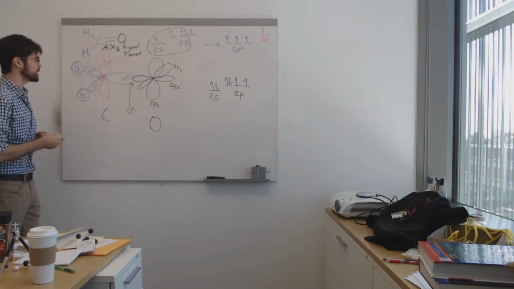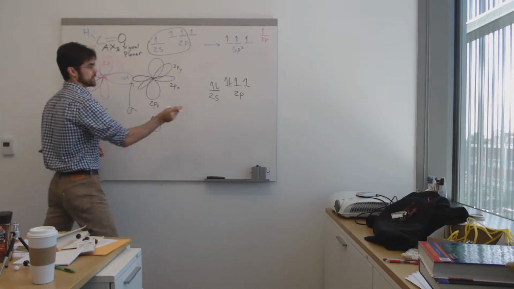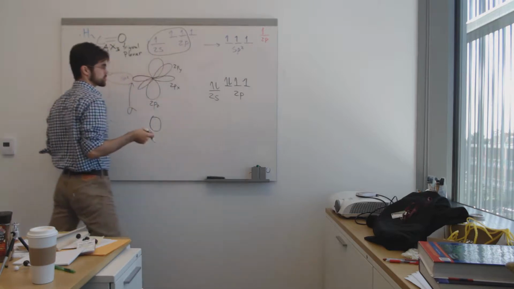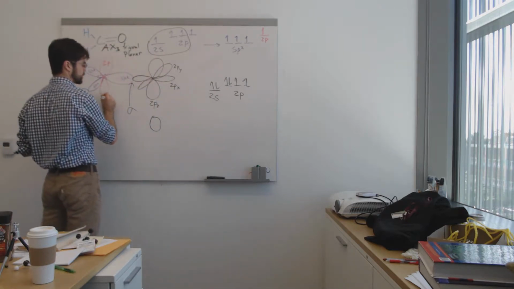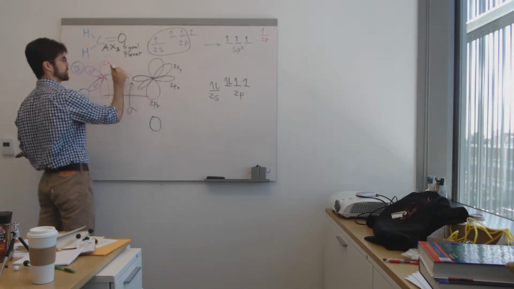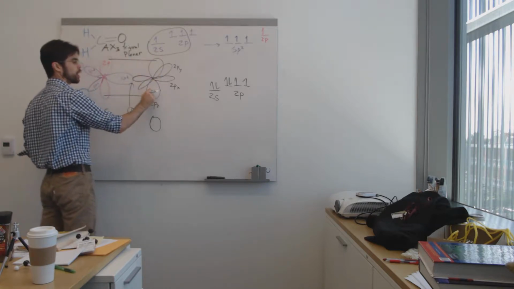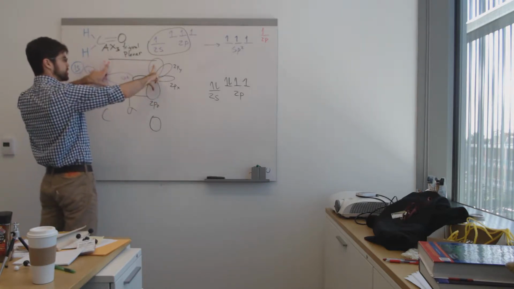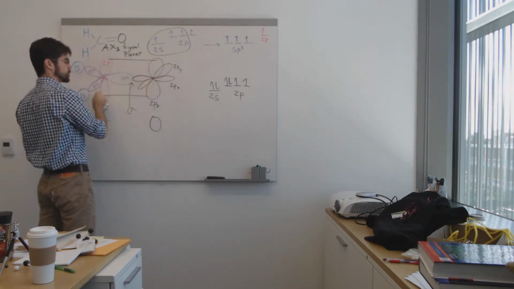That pi bond is then between the non-hybridized p orbital of the carbon and one of the p orbitals on the oxygen. So this is where the pi bond forms, above and below.